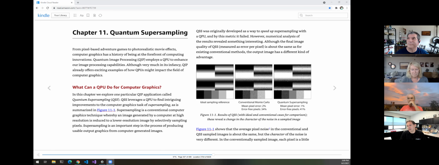On the quantum side, you actually have slightly less error, which is nice. And 41%, or almost close to half of all the pixels, are actually perfect. So that's interesting. You can see the pictures are a little different too. Rather than this weird noisy shades of gray, you've got almost little dots or flecks in there.